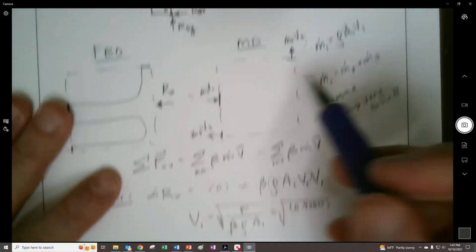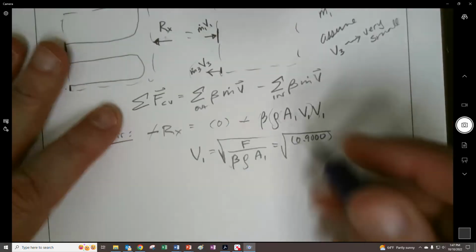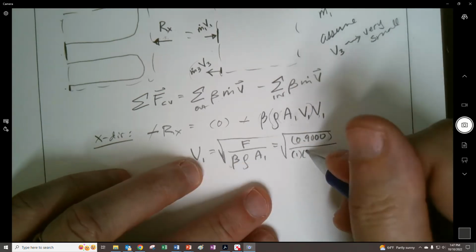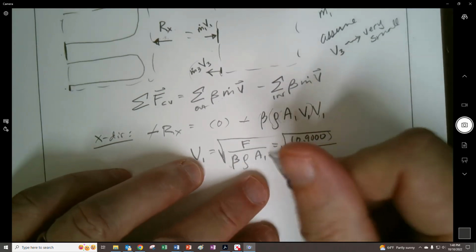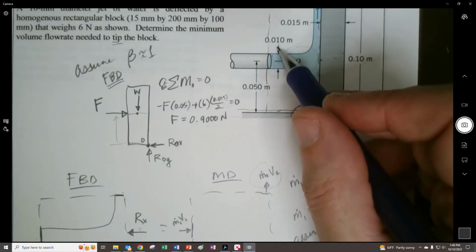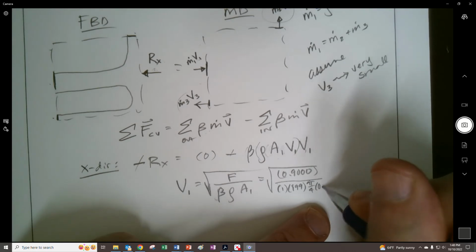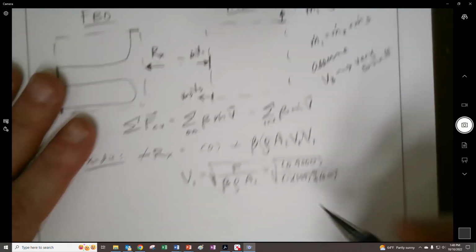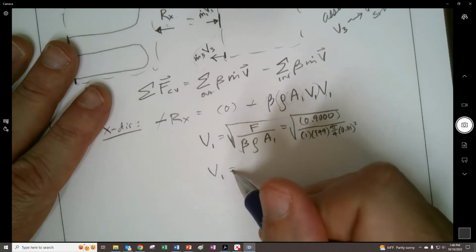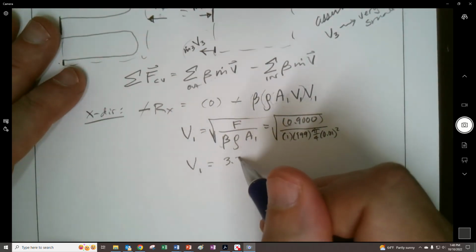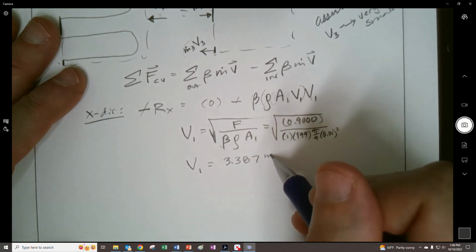We got that from up here to tilt the thing. Beta is assumed as 1, rho is 999, and this was a circular cross section of 0.01, right? So it's 10 millimeters, or pi over 4 times 0.01 squared. And we get a V1 equal to 3.387 meters per second.